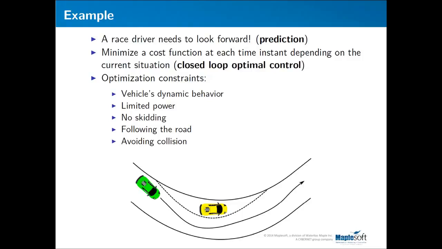For example, it depends on the vehicle's dynamic behavior, what type of vehicle you're driving, or the limited power that you have access to. You don't want to skid too much so that the vehicle is not out of control. You have to follow the road, and you don't want a collision. These are constraints of this optimal control problem.